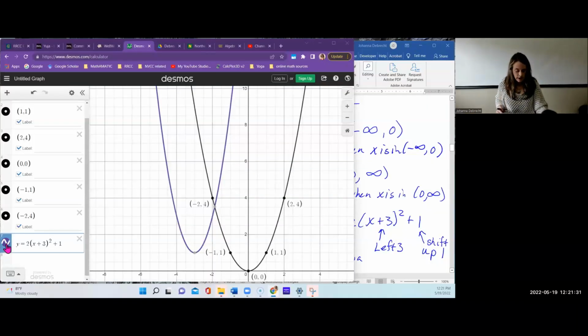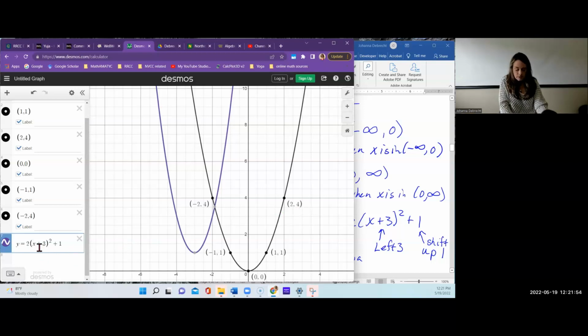Let's take a look at the original graph, which is x squared. That's our toolkit function. I've plotted the basic 5 points that you can see here. Now let's put on the transformed graph. The transformed graph is 2 times the quantity x plus 3 squared plus 1. Now what happened to the 2, 4?